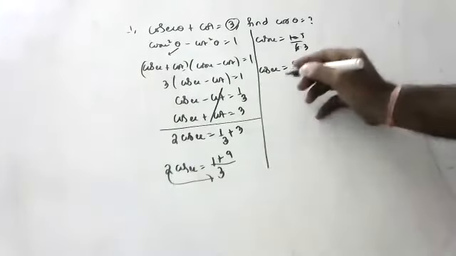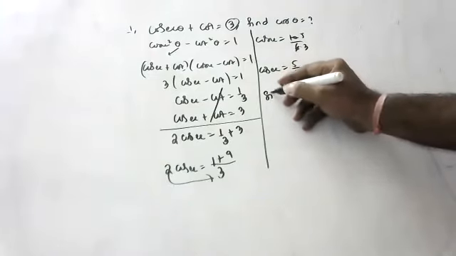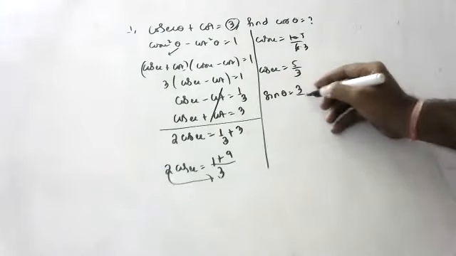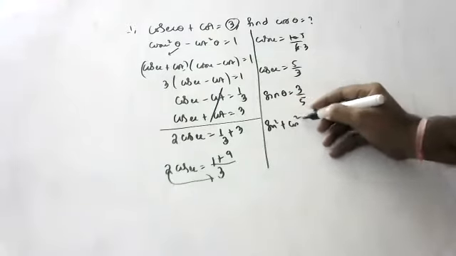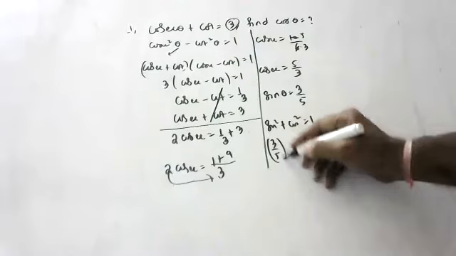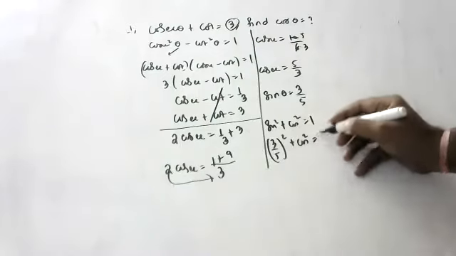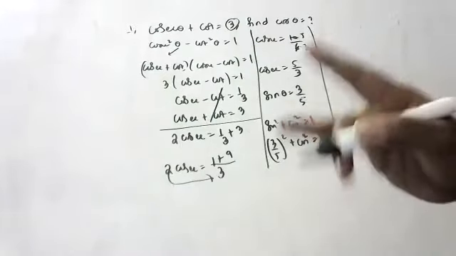Now, children, cosecant theta is 5 by 3, so sin theta will be 3 by 5. We know sin square plus cos square is equal to 1. So 3 by 5 whole square plus cos square is equal to 1. Or else you can put it in the triangle and find it like that also, no problem.